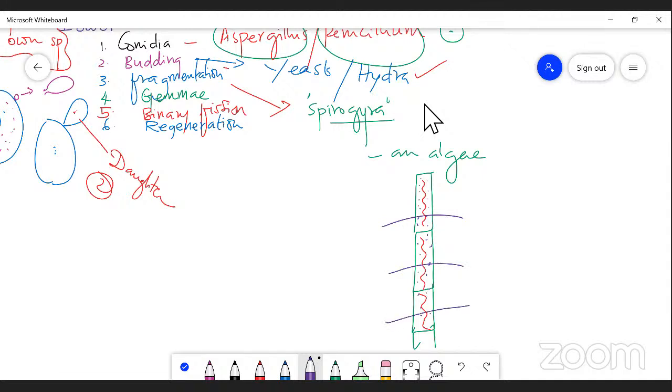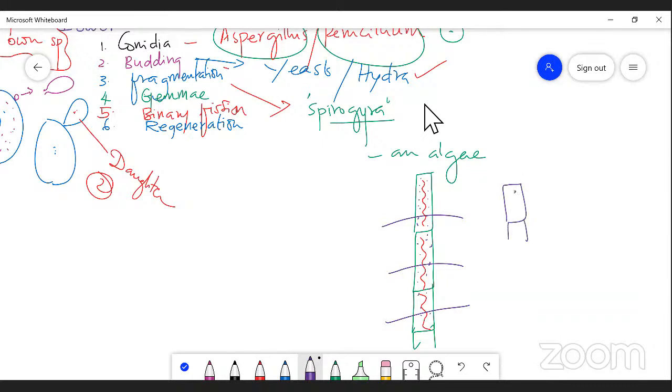So fragmentation is when the entire thallus, the ribbon-like structure, is broken to form a number of pieces, and each piece develops into a new Spirogyra, a new organism.